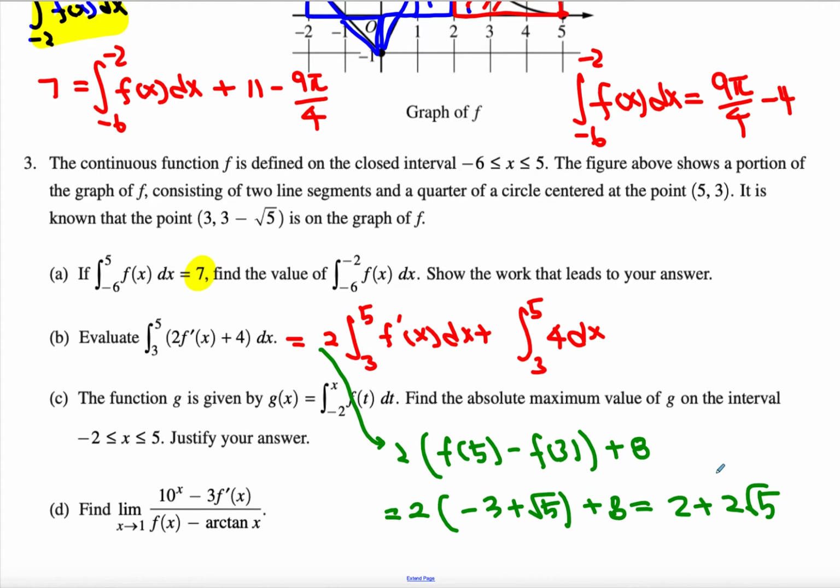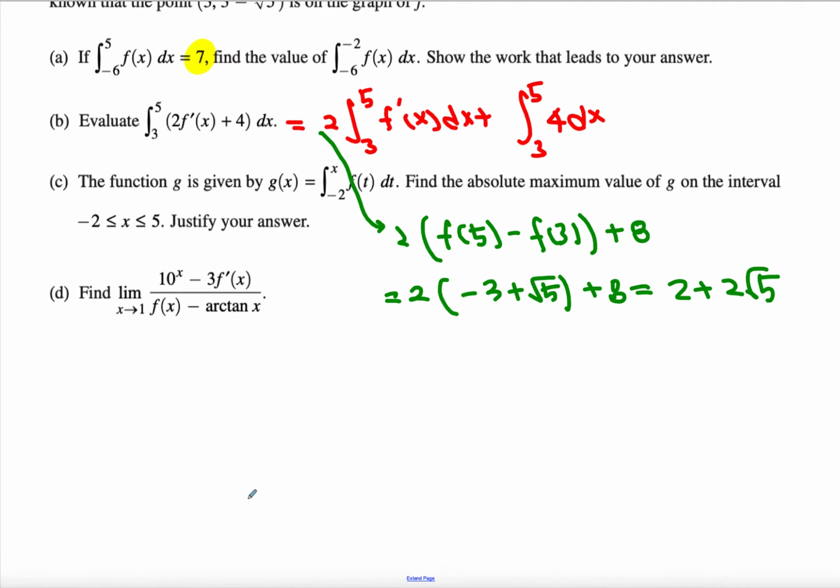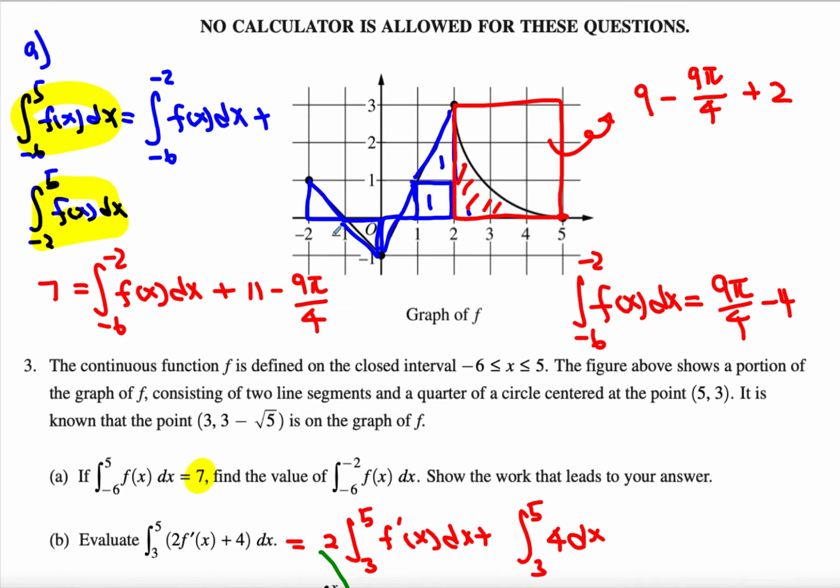Alrighty. Now let's look at part C. The way you can see part C is to find the absolute maximum. How do you find the absolute maximum? Starting from negative 2, we need to figure out the endpoints and all the critical points.